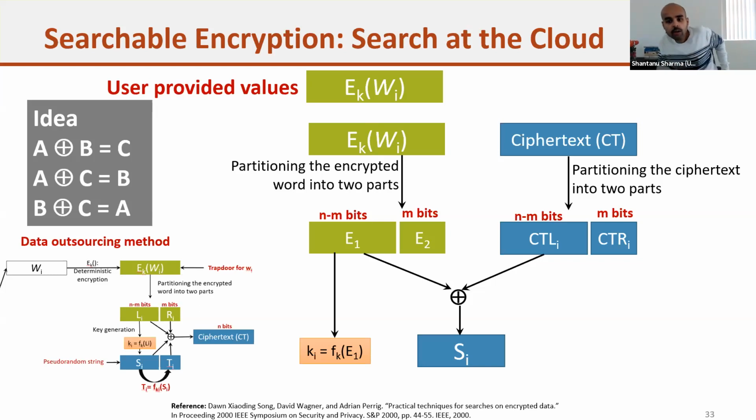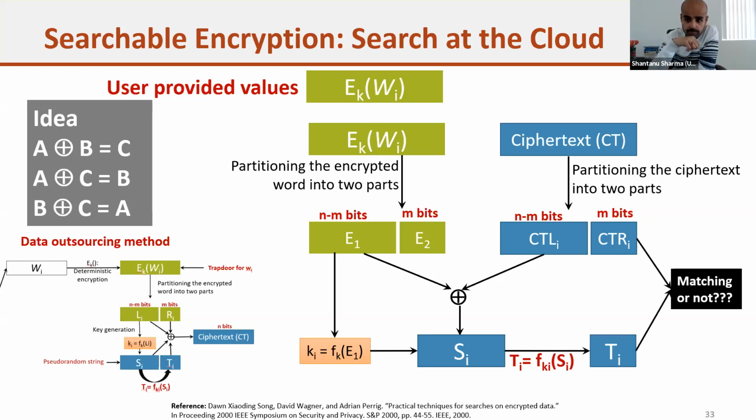Note that previously we got Si by XORing the value obtained by implementing the function on Li, and now we got this value. This value will give me exactly the same value that I got at the data encryption part. Based on this, I will get another value, that is Ti. So now Ti is the same value that I got at the time of data outsourcing.